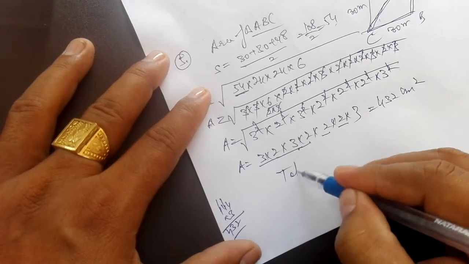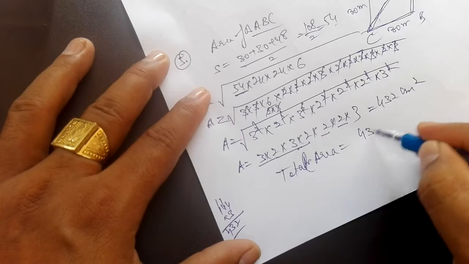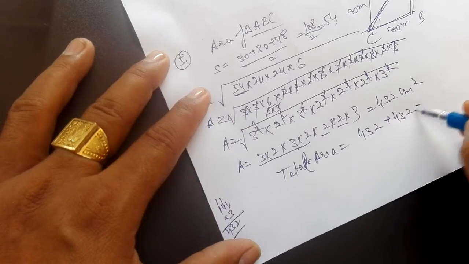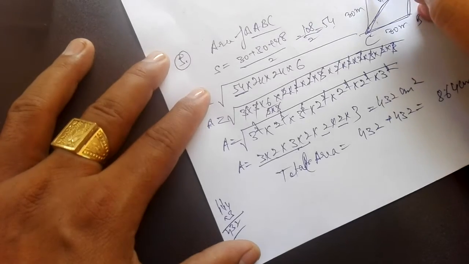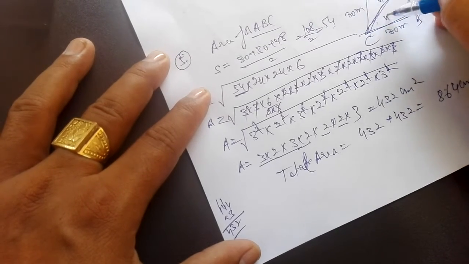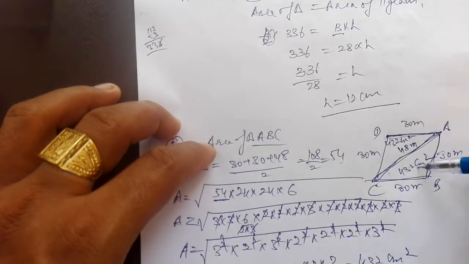Now total area is 432 plus 432, that is equal to 864 centimeter square. This is 432 centimeter square area, this is 432 centimeter square area, both areas.